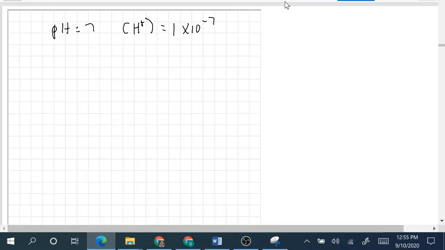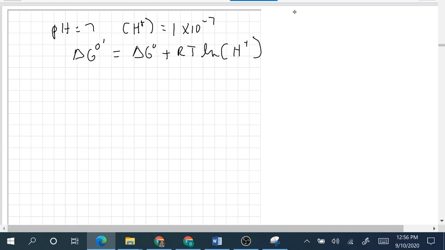Alright, so let's go ahead and write delta G naught prime is equal to delta G naught plus RT ln of H plus.